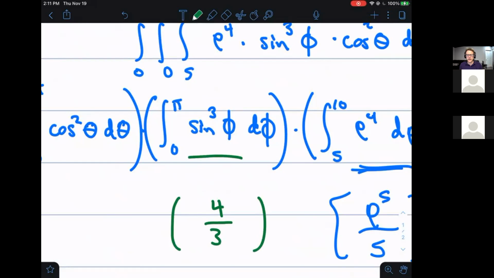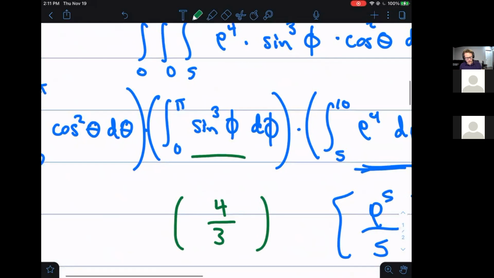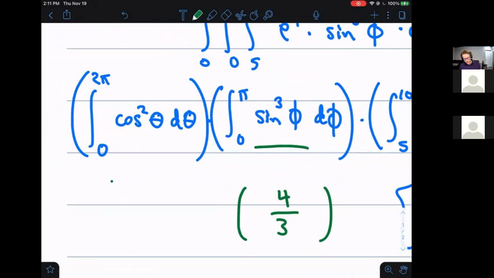For this one, you convert sine squared into 1 minus cosine squared, then you do a u substitution, and there you go. For this one, you need to use the power reduction rule. Again, this is the other one that I told you, that the integral from 0 to 2 pi of cosine squared u du, and in this case the variable happens to be theta, equals pi.